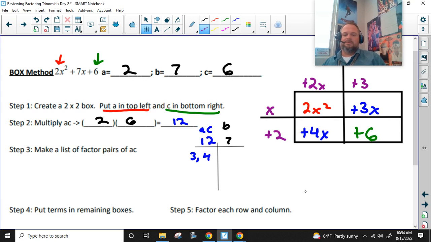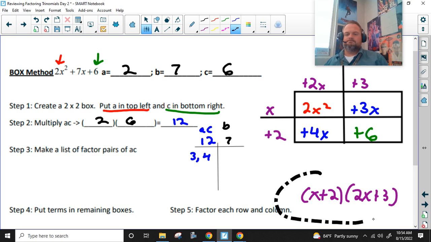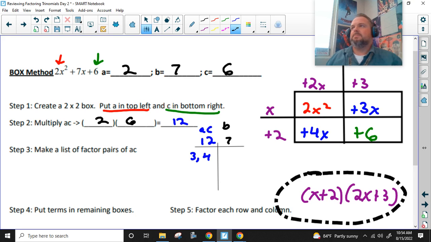So now that's our answer. I've shown you both methods.